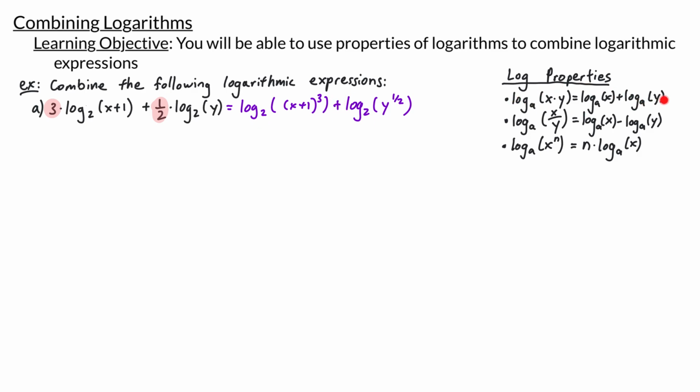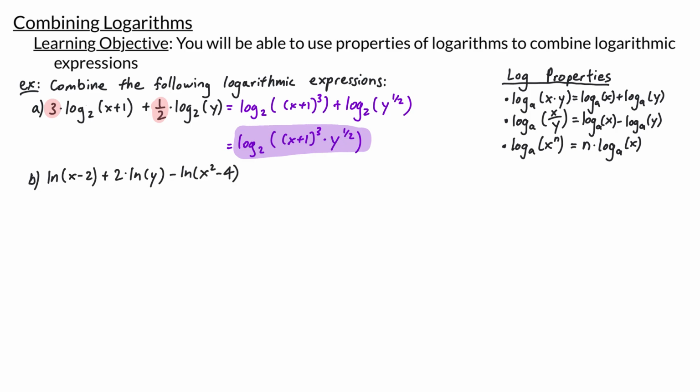And so we can use our first log property to combine them together into a single logarithm by multiplying their insides. So this leaves me with log with base 2 of x plus 1 cubed, and we're going to multiply it to the inside of our second logarithm, y to the 1/2 power. So we've combined all of our logarithms together into a single logarithm, so this is our final answer.